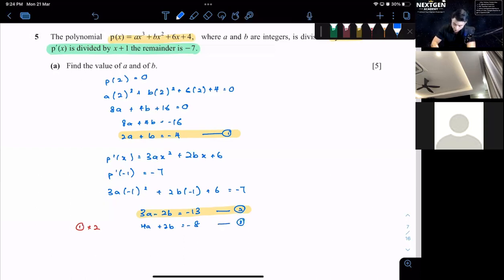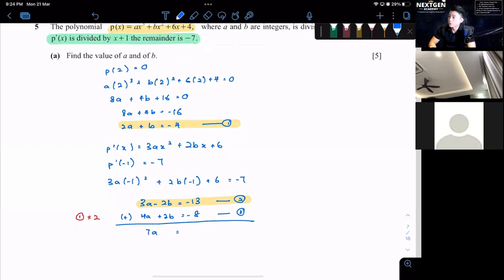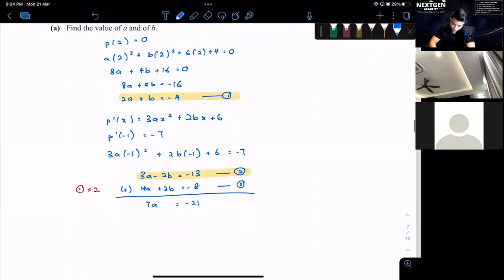I want to eliminate the b. I will get 7a equals negative 21, where a equals negative 3.